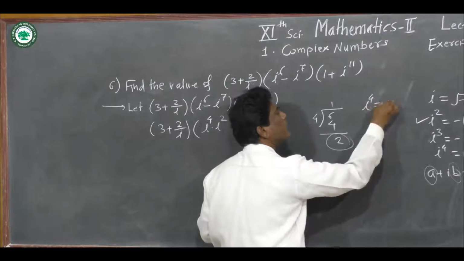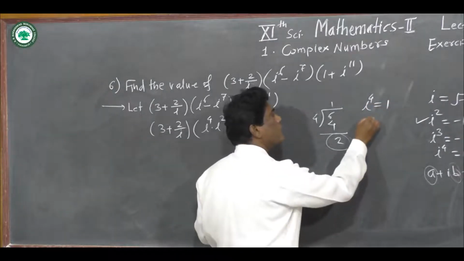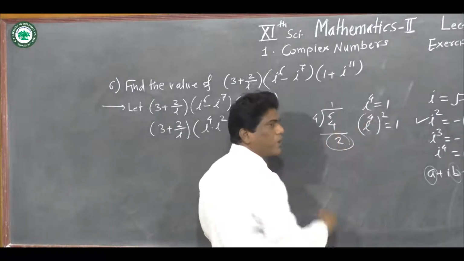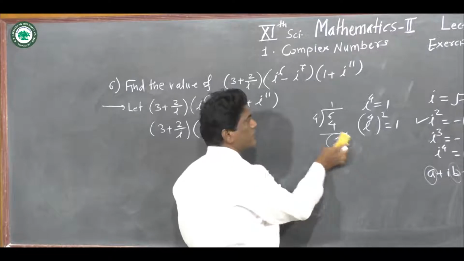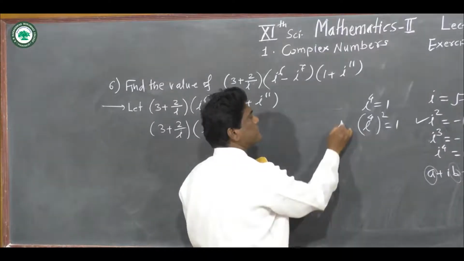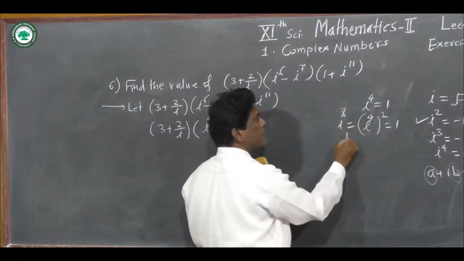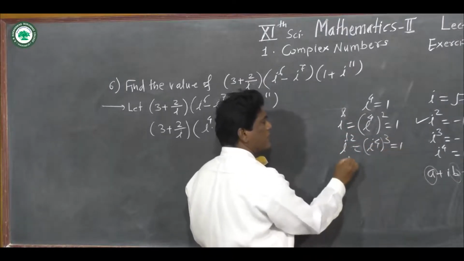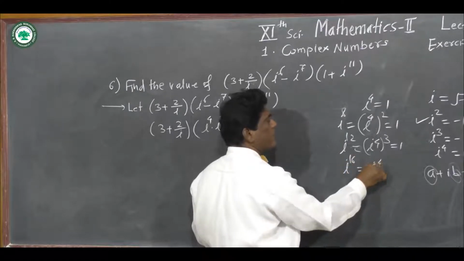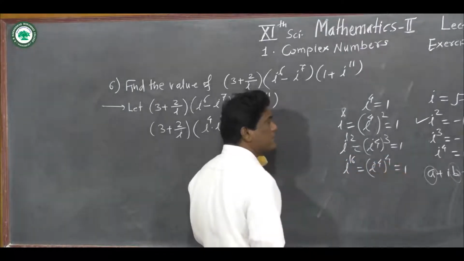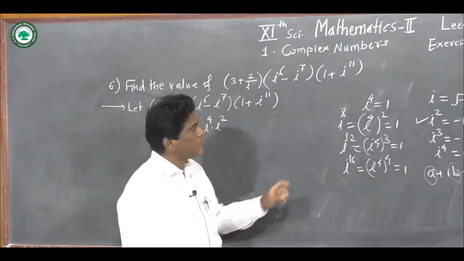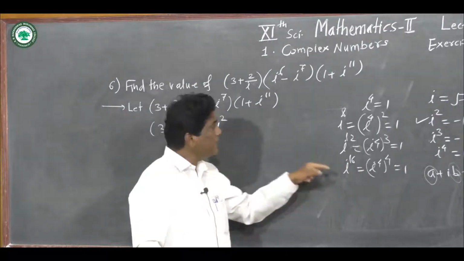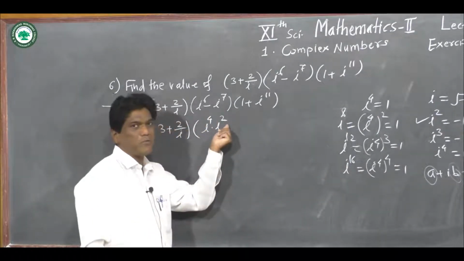Here i to the power 4 is 1. i to the power 8, that is i to the power 4 to the power 2, is also 1. i to the power 12, that is i to the power 4 to the power 3, is also 1. i to the power 16, that is i to the power 4 to the power 4, is also 1. So we make the powers of i in terms of multiples of 4, and write the remainder as a separate power of i.